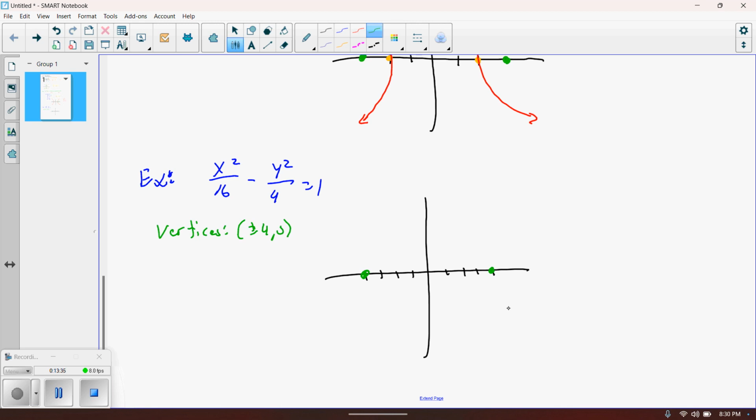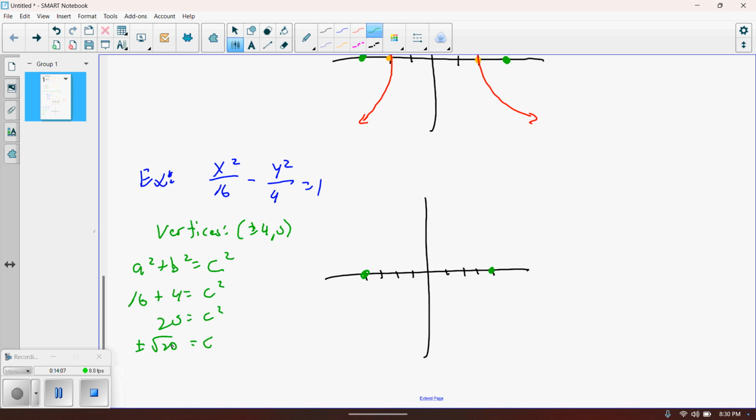And again, the foci are c. We know that this is going to come from a squared plus b squared equals c squared. May as well leave it in that form because we need c anyway. So a squared is 16, b squared is 4. So you're going to get that 20 equals c squared, or c equals plus or minus root 20. You could simplify that to plus or minus 2 root 5.